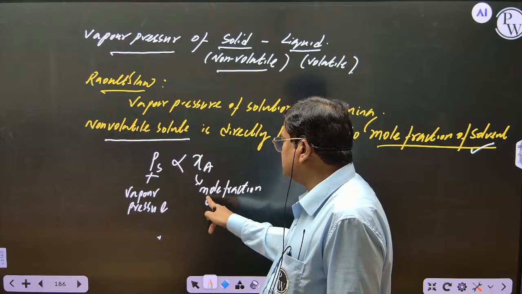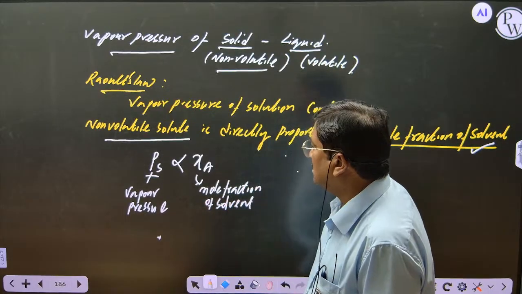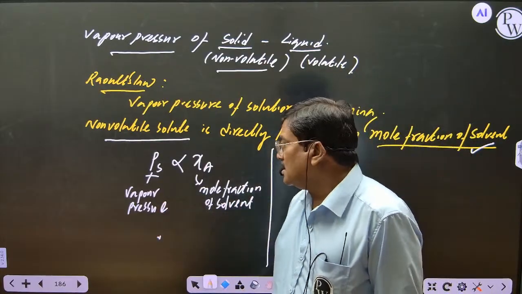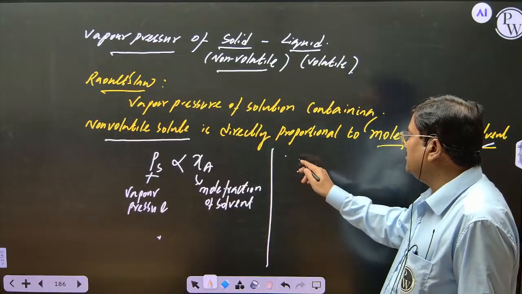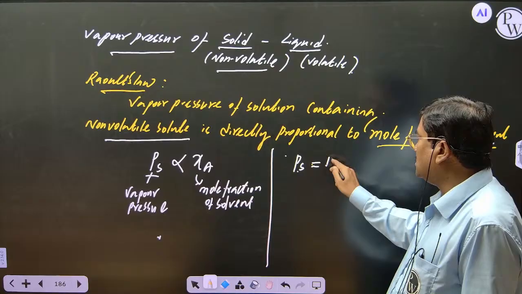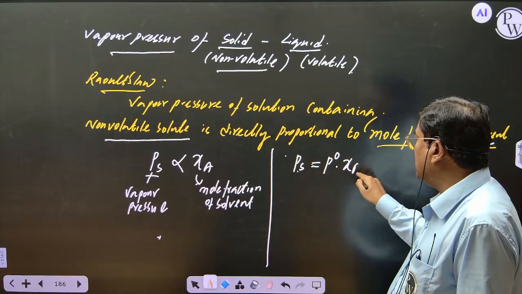This is the relation we wrote in the last class. Correct? Now students, what you do? Remove the proportionality. On removing the proportionality, we write Ps is equal to P naught, where P naught is the vapor pressure of the pure solvent, into chi.